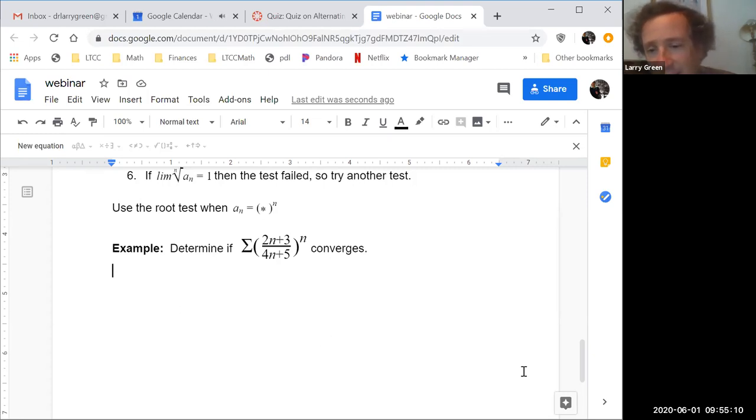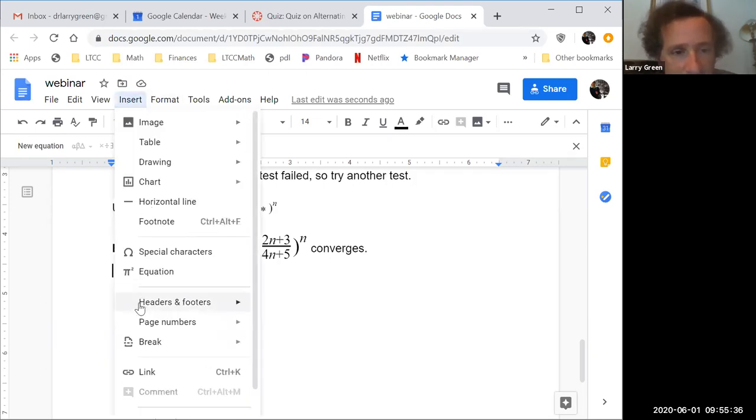So I notice that a sub n is something to the nth power. Do you see that? Then you can cross your fingers and hope this works. If it's an nth power, let's try the root test. If you don't see an nth power or something real close to an nth power, then forget it. So let's go ahead and do the limit.